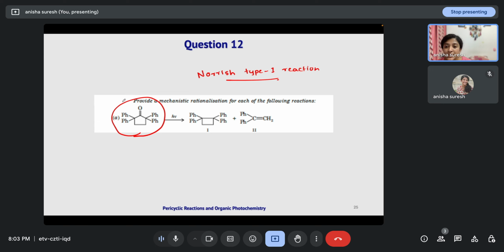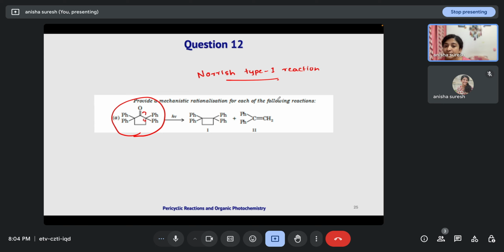Okay, so first alpha fragmentation reaction will be taking place, followed by a decarbonylation reaction where the CO will be removed, and it will lead to formation of two radicals at these positions, which can recombine leading to formation of the cyclobutane, or otherwise this radical can further react leading to breaking of this carbon-carbon bond, and it will result in the formation of these two molecules of this species.